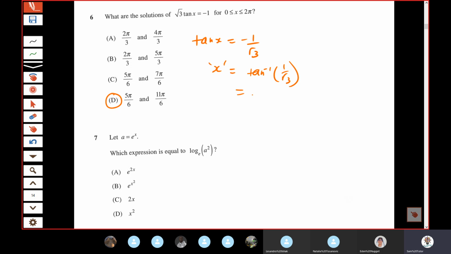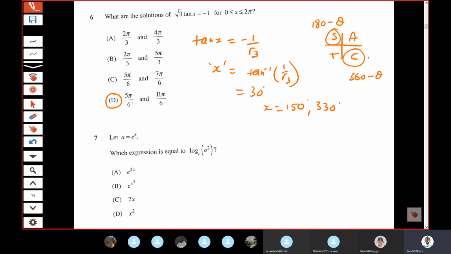What's inverse tan of 1 on root 3? It is 30 degrees. Then we do our all stations to central. Where is tan negative? Tan is negative in S and C. So that's 180 minus theta, 360 minus theta. So your answer is, for x, 180 take away 30, which is 150, 360 minus 30, which is 330.